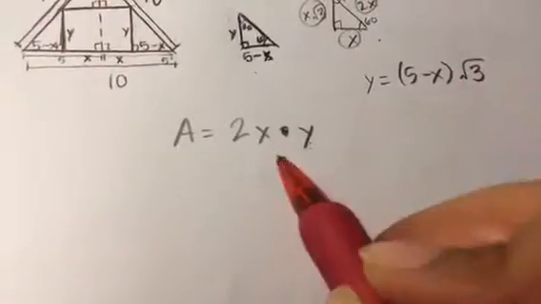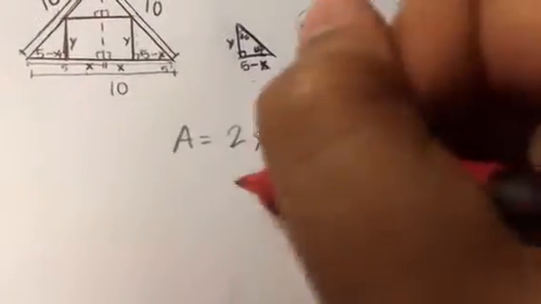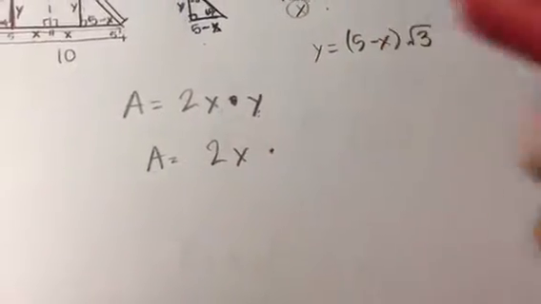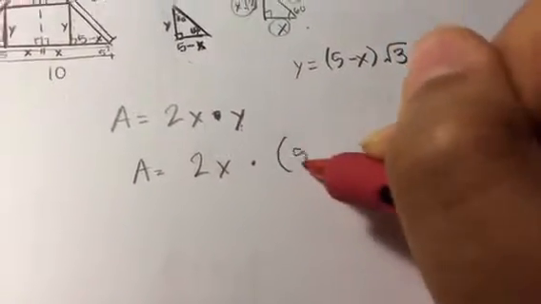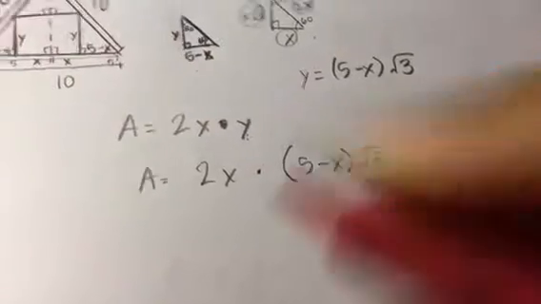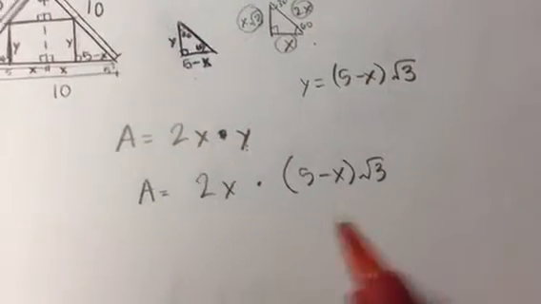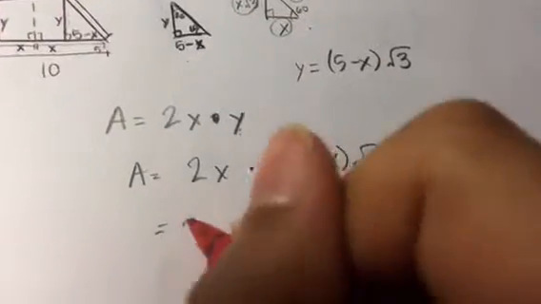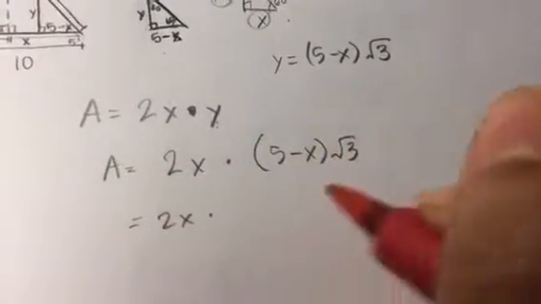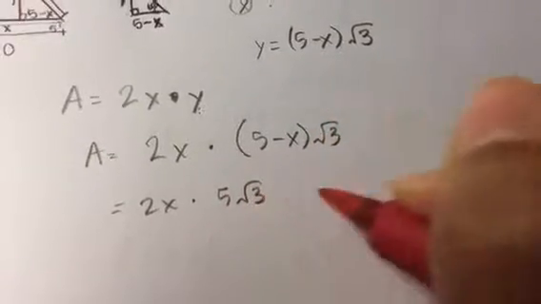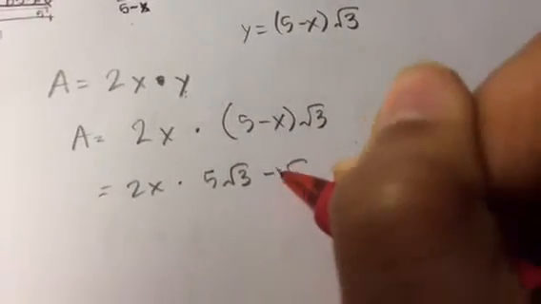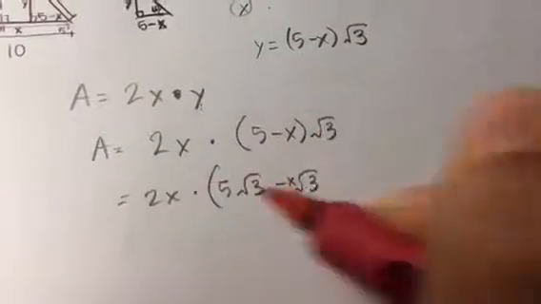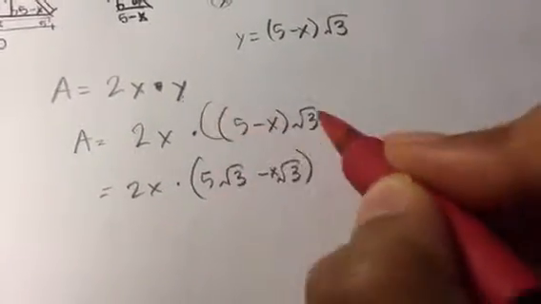So we can plug this into this equation. So area equals 2x times 5 minus x rad 3. Then from this we can distribute to get 2x times 5 rad 3 minus x rad 3, then multiply this to this whole thing.